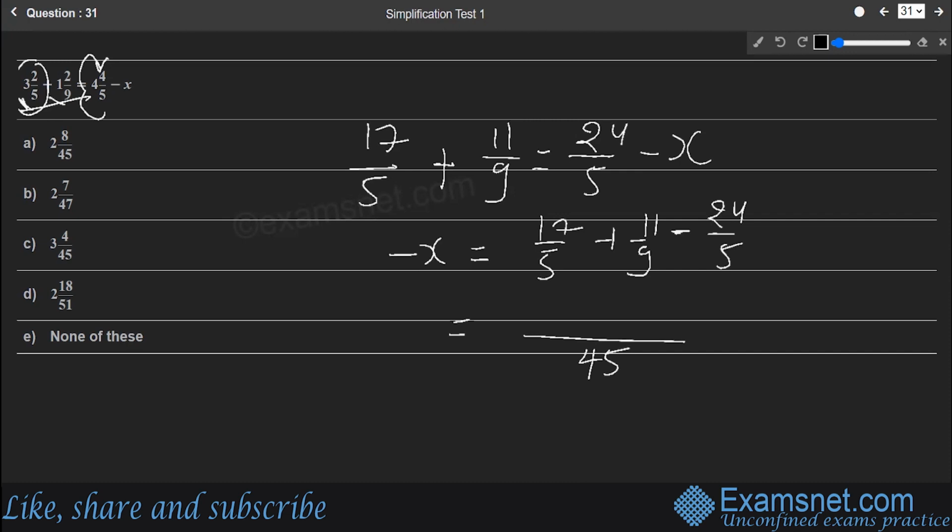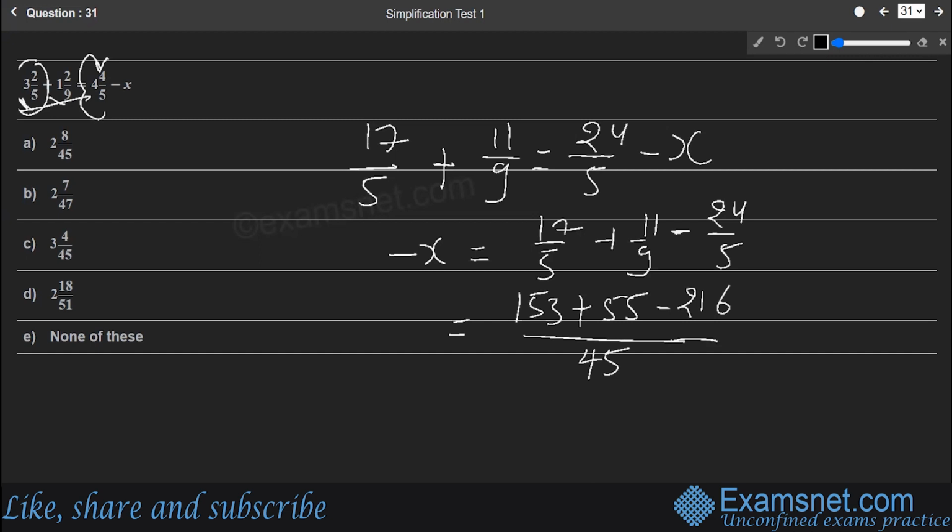Okay, this is not 17, this is 11 by 9. 9 1 is 9 plus 2, 11; 5 3s are 15 plus 2, 17. So we have to solve it like that. 5 9s are 45. 9 into 17 is going to be 153, plus 11 into 5 is 55 here. Now minus 24 by 5, so 24 into 9 is going to be 216.